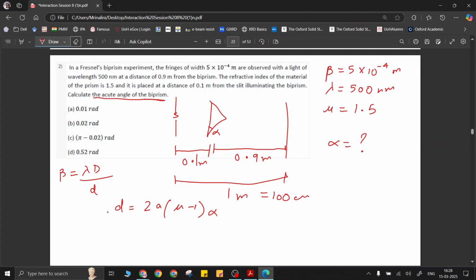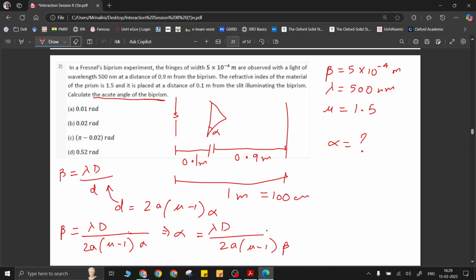So when I substitute this, beta will be lambda D divided by 2a(mu minus 1) alpha. Let me rearrange, because alpha is what we want to find out. So it will be lambda D divided by 2a times (mu minus 1) times beta.